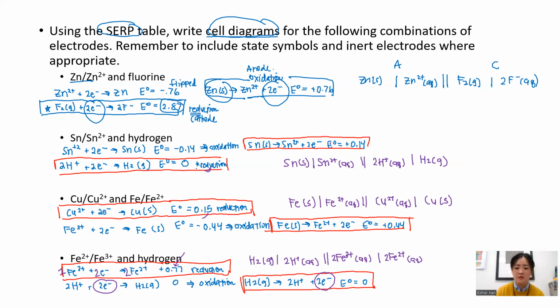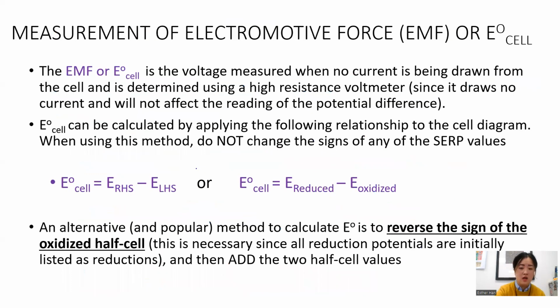And then the last and final part for today's video is we are going to be looking at how we calculate the cell voltage for the entire battery. So we're looking at everything put together. You have the 2 different half cells, you have your reduction and your oxidation occurring. And I want to know what is your cell potential, or what is your voltage for this battery setup that we actually have.